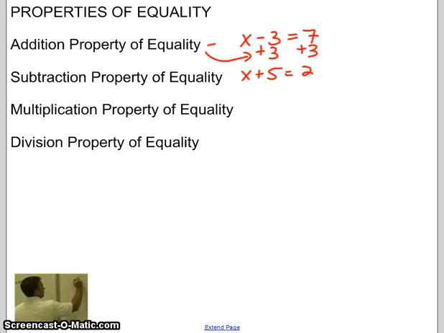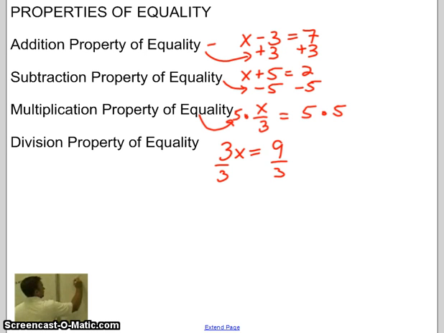is when you subtract a number on both sides. The multiplication property of equality is when you multiply a number on both sides. And then the division property of equality is when you divide a number on both sides.